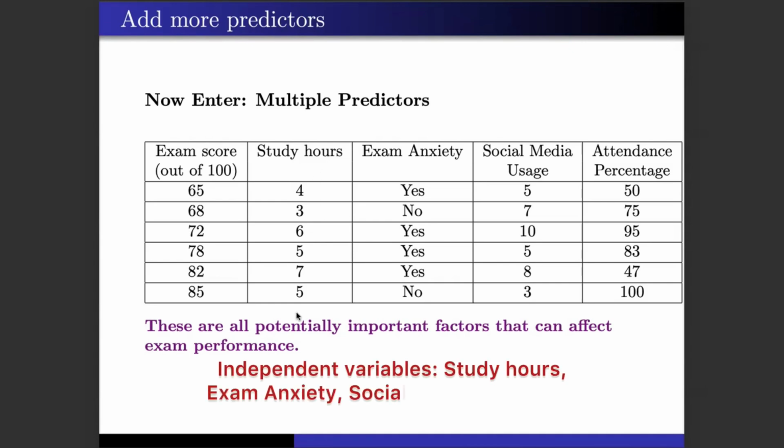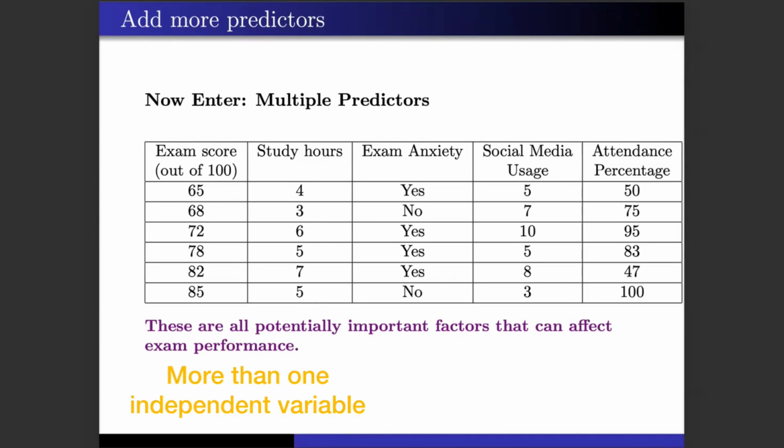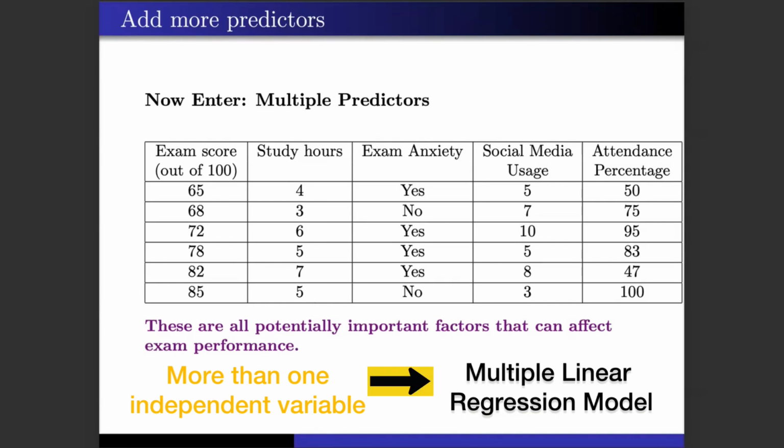We have study hours, exam anxiety, and two other independent variables, that is social media usage and attendance percentage. And whenever we have more than one independent variable, we will have to create a multiple linear regression model.